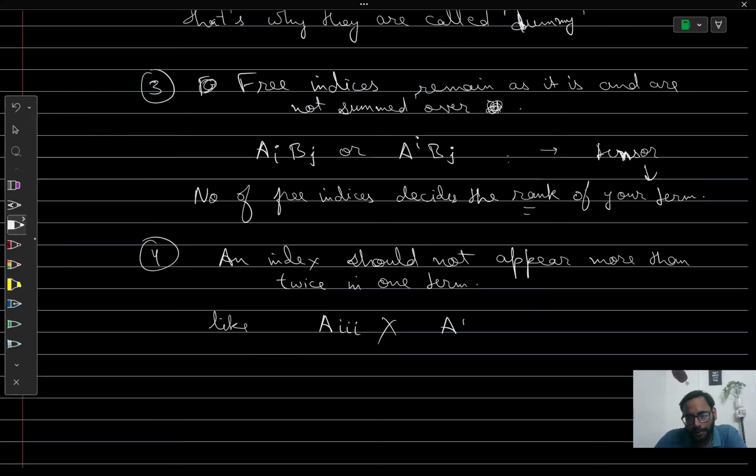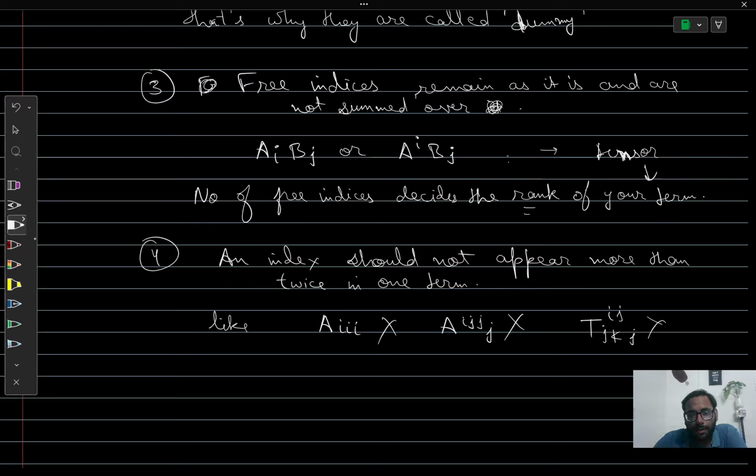This is also invalid, you cannot write it like this. It should appear only twice, not more than that.